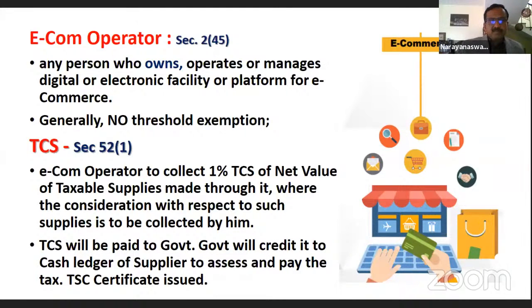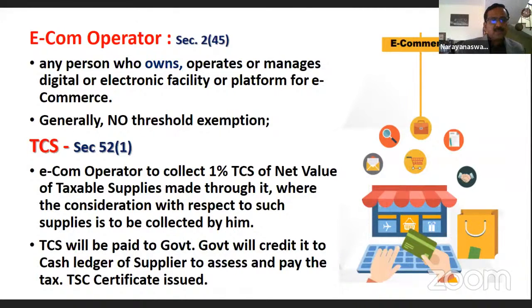If I'm having certain goods sold through my platform, I will get the payment to my account on behalf of the seller. When I get this amount on behalf of the seller, I'll keep my commission portion and give the balance to the seller.